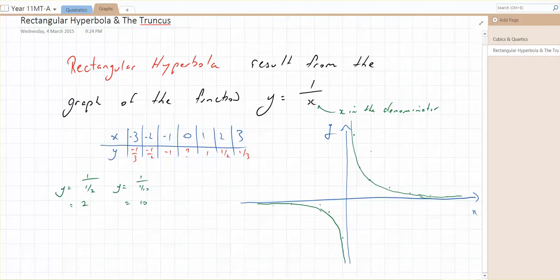A quick look at what would happen if it was y equals 2 over x. 2 over x would head out this way. Let's have a look at y equals 2 over x. When x is 1, y would now equal 2, whereas it was 1 there. So everything just shoves up a little bit.